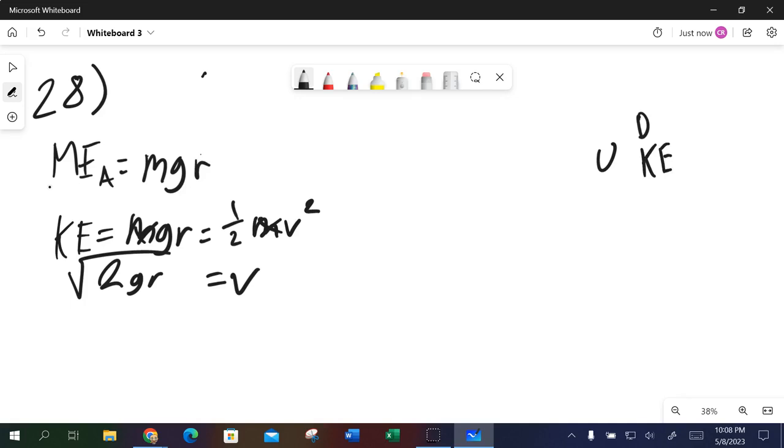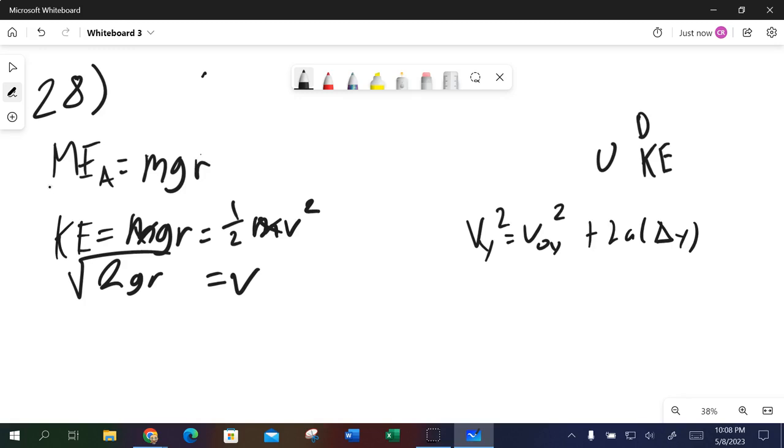So the kinematic equation that can be used in this case is Vy squared equals V0y squared plus 2 times acceleration times displacement. This can be applied to the rock's vertical motion, and we'll take downward as the positive direction.